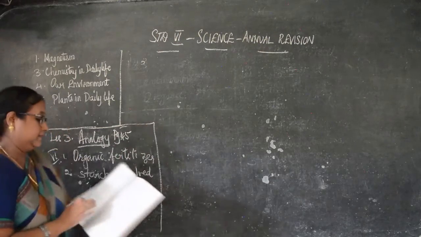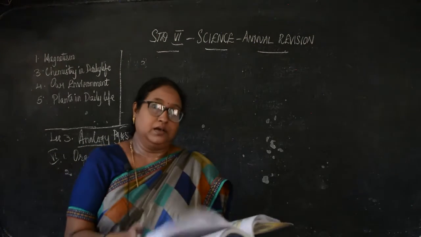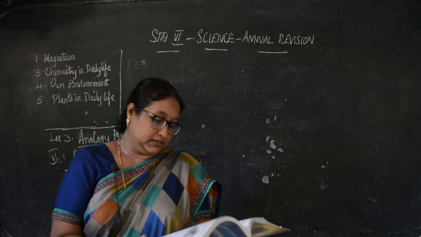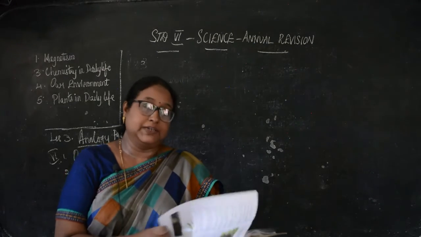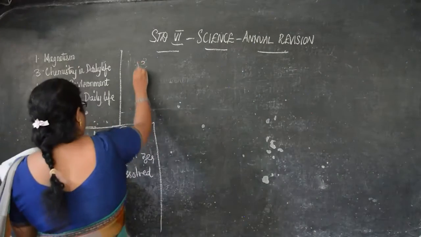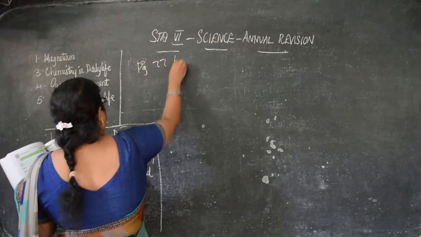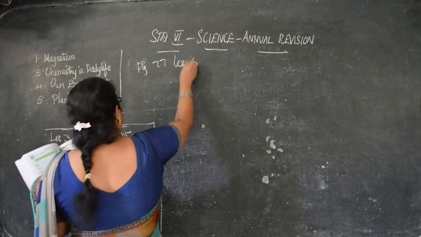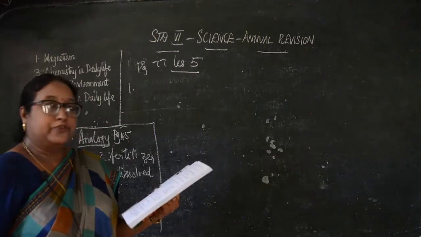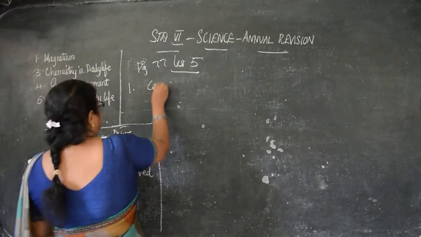Then next we'll see, fourth lesson you don't have. Then fifth lesson analogy. Yes, that is page number 77, lesson 5. Okay, now first one: mango, fruit; maize, cereals.